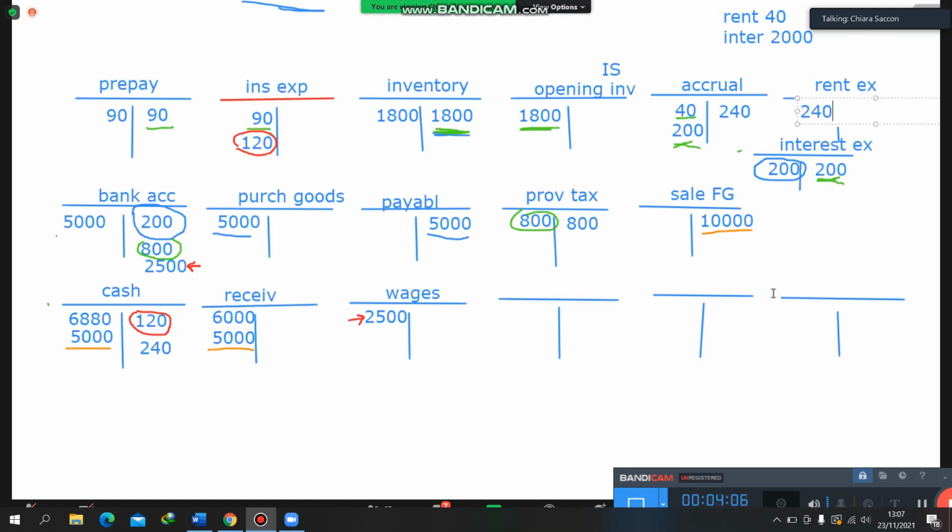Okay, on that side. Do you remember it was the rent that we integrated the expense because the payment was postponed to this year. So the year in which we pay for the rent, the postponed payment of the rent, we write normally the amount of cash going out from the cash account.